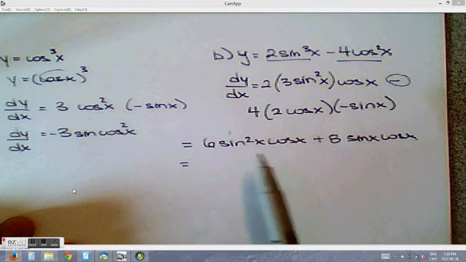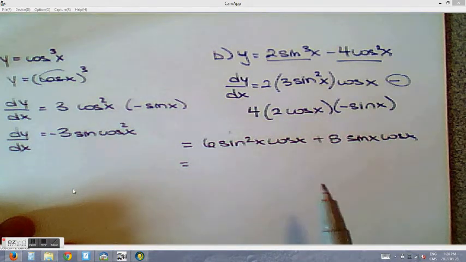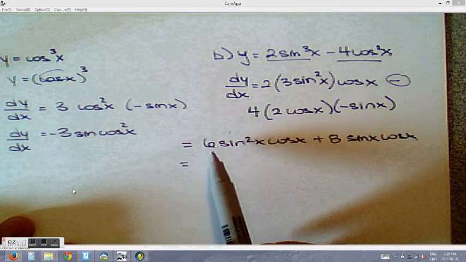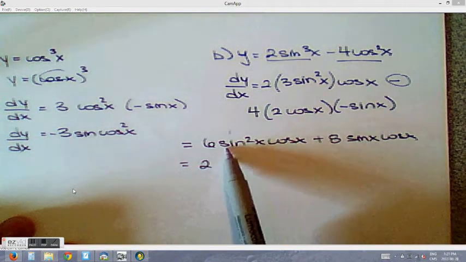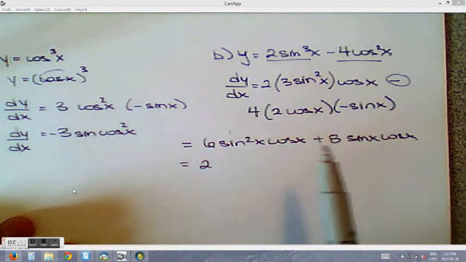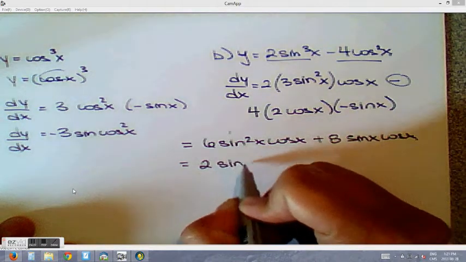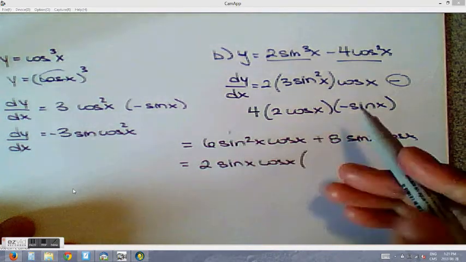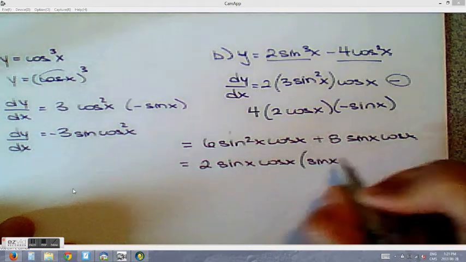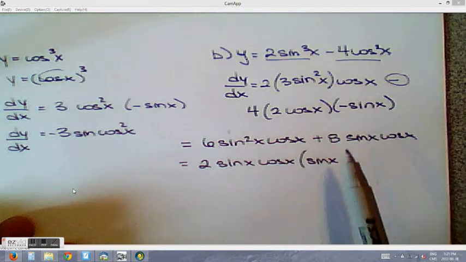Just to simplify, the last step is to simplify. See if there's anything that we can factor. And so factor as best as you can. Looking at the coefficients first, I can factor out a 2. I can factor one of the sines out, and I can factor a cosine. So let's do that. Sine of x, cosine of x, and then rewrite what you have left. I have 1 sine of x left. Looks like all I'm left with.